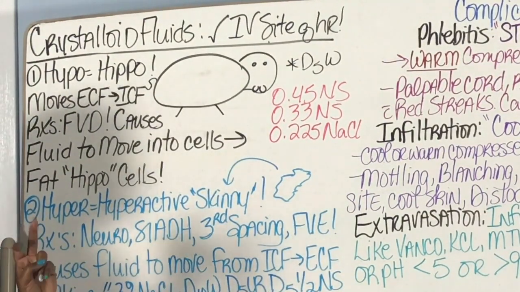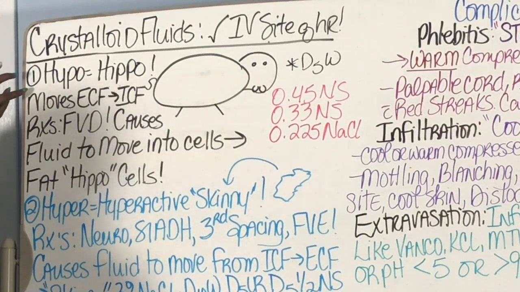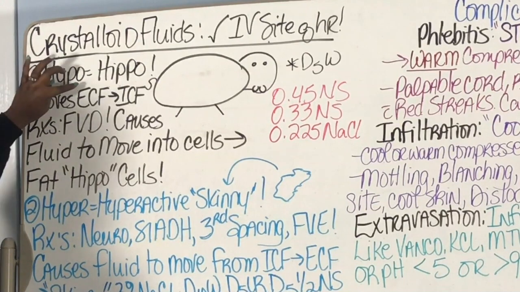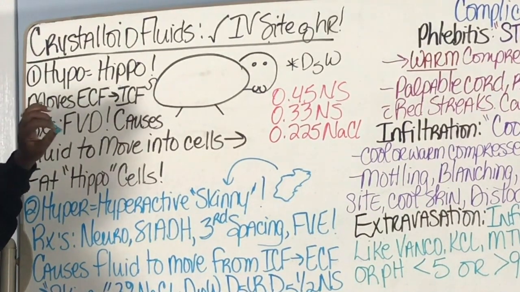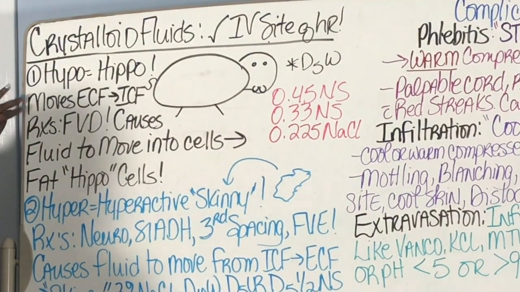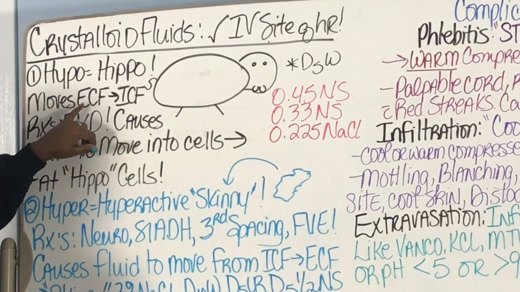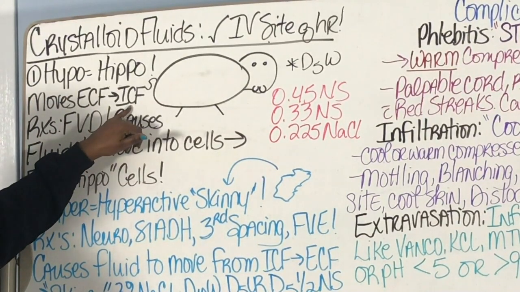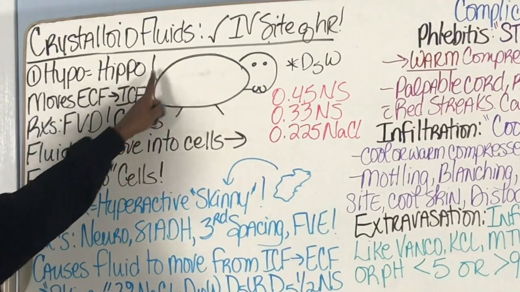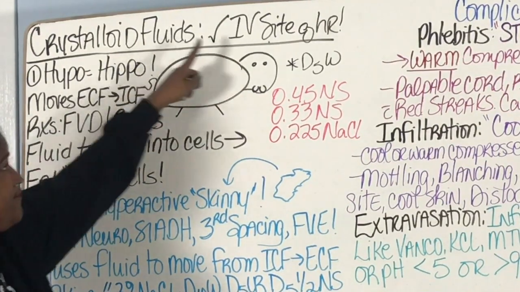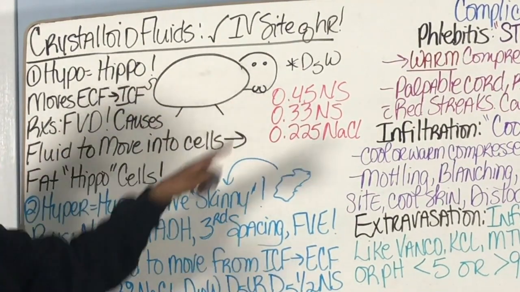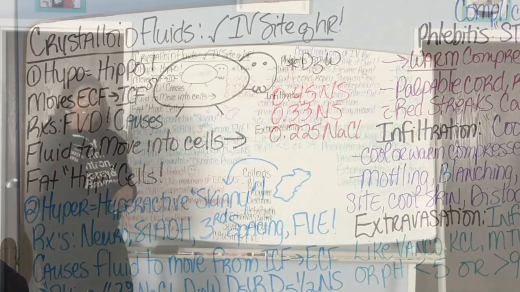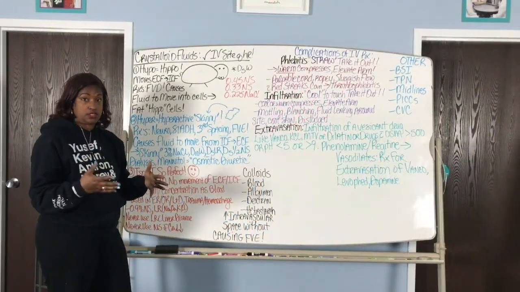So here's some specific language you have to know. The patient that has hypotonic IV solutions hanging is going to have a situation where we are moving the extracellular fluid right into the actual cell. So we're making the cell very, very big because we're pushing fluid into the cell whenever we hang hypotonic solutions.